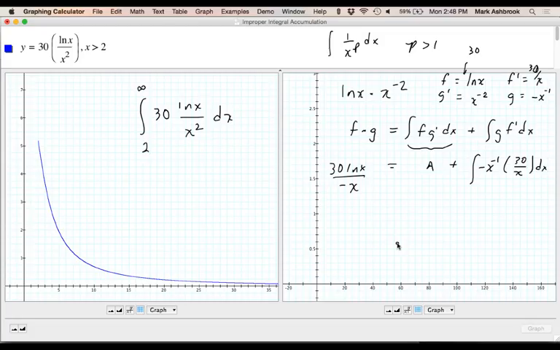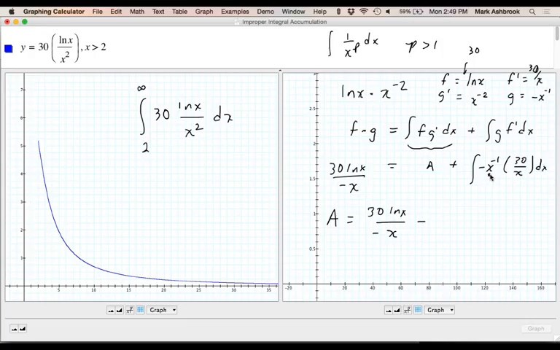Remember doing this? So we're rewriting, we see that 30 ln x over x squared is one of the terms of the product rule. The other one would be negative x to the minus 1 times 30 over x. And that equals our f times g. So our answer is going to be this thing minus this thing. So 30 ln x over x, minus, okay, antiderivative.